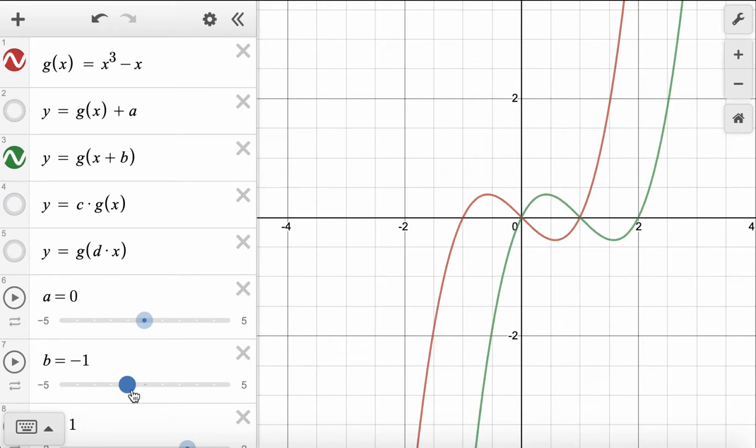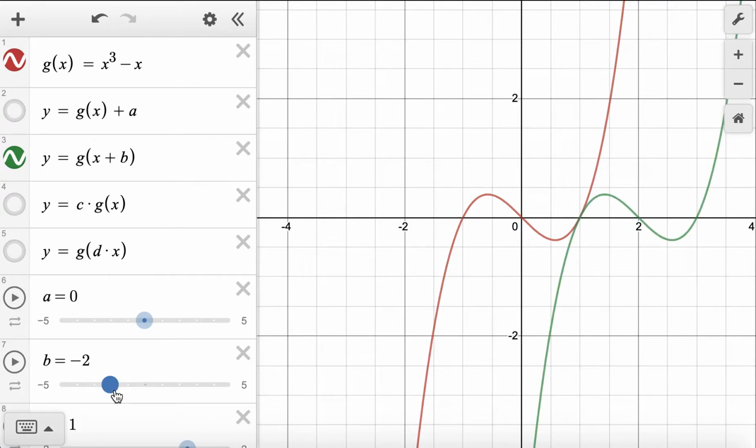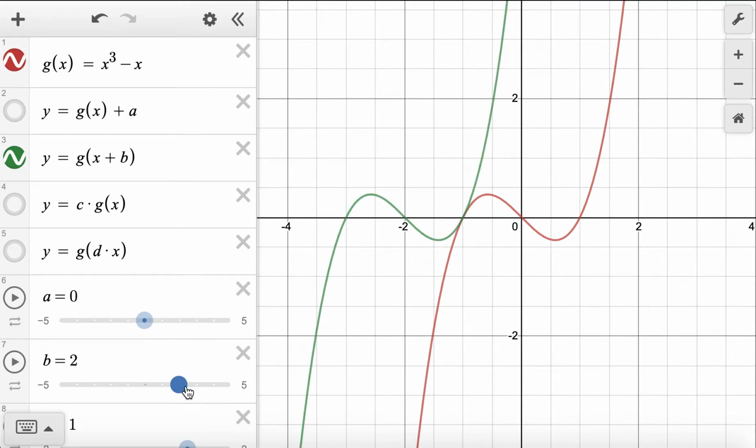This b causes the graph to move horizontally, but in the opposite way from how you would expect. If I make b equal to +2, that actually takes each point and moves it left by 2 units. So for example, the 3 x-intercepts, the 3 zeros of this polynomial, have moved from -1, 0, and 1 to -3, -2, and -1 when I set b equal to 2.